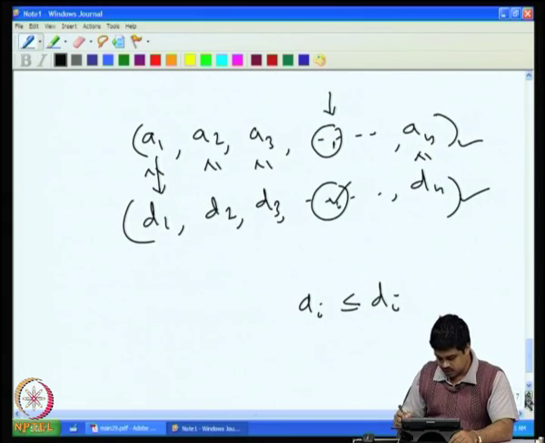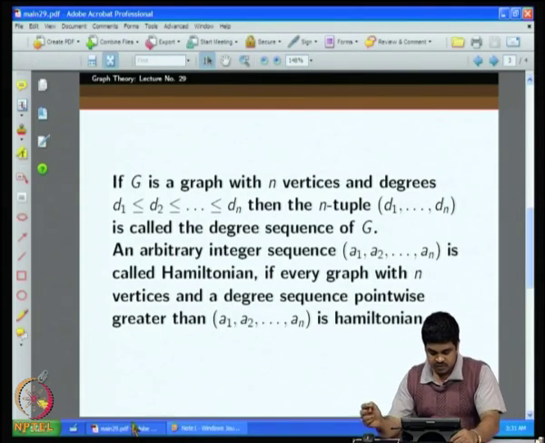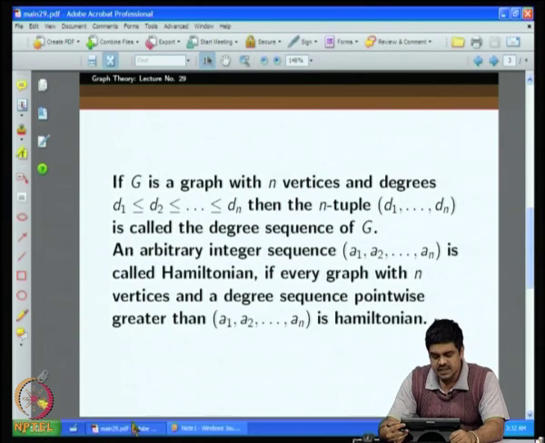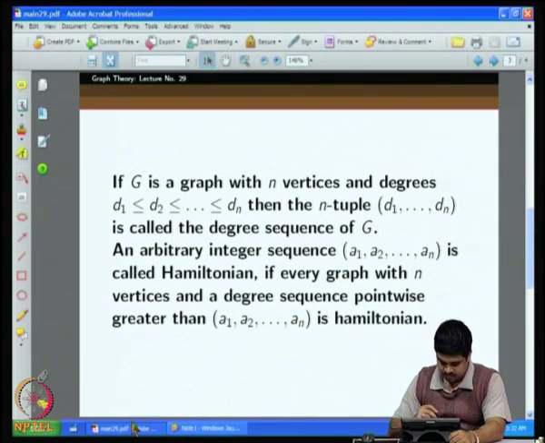Now, suppose we are given a degree sequence a1, a2, up to an. We say that it is a Hamiltonian degree sequence if any graph with that degree sequence, or any other degree sequence which is pointwise greater than this, is Hamiltonian.